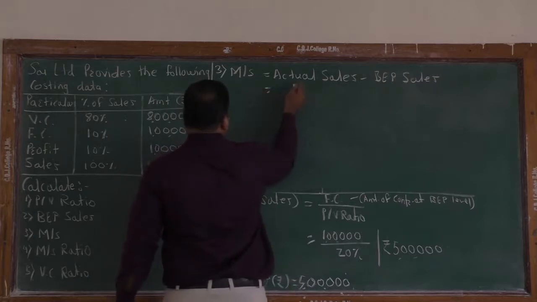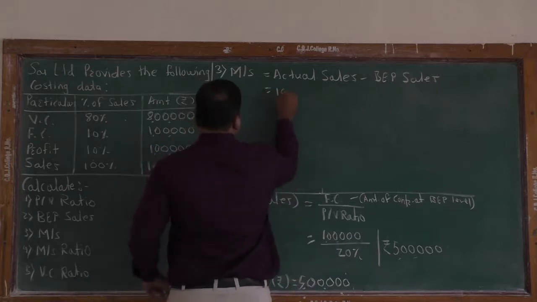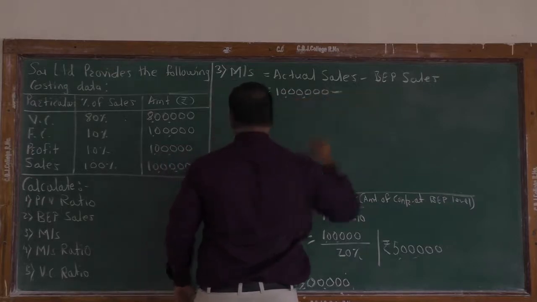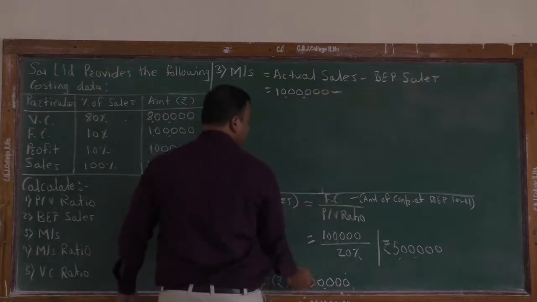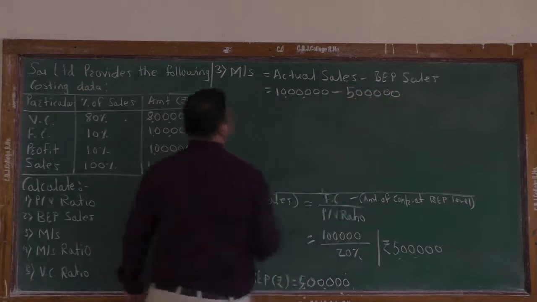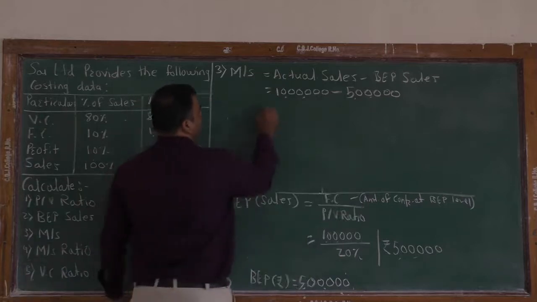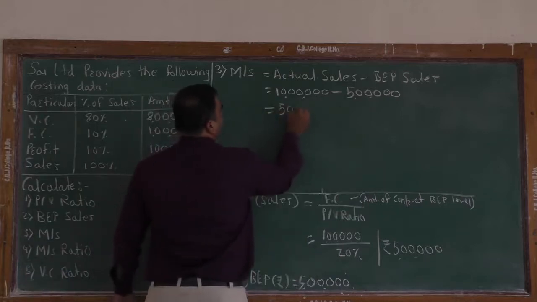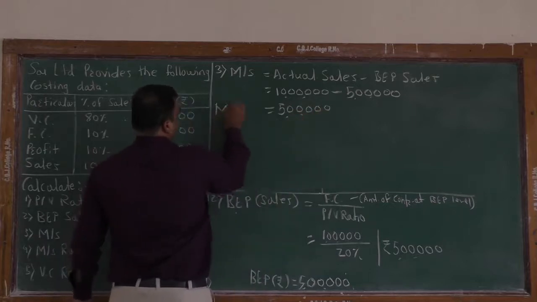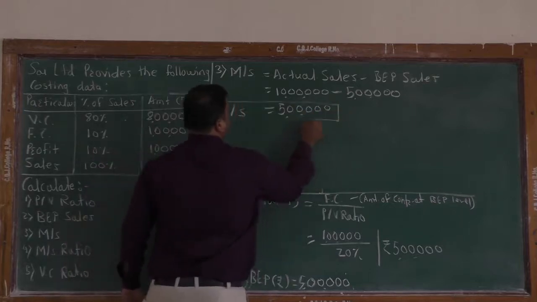So margin of safety is equal to actual sales 10 lakh less BEP sales which is rupees 5 lakh. So 10 lakh less 5 lakh is equal to 5 lakh will be the amount of margin of safety.